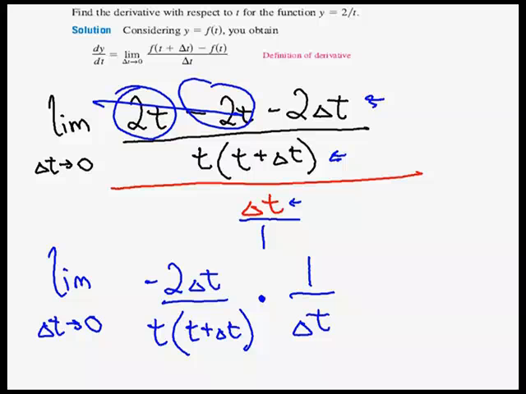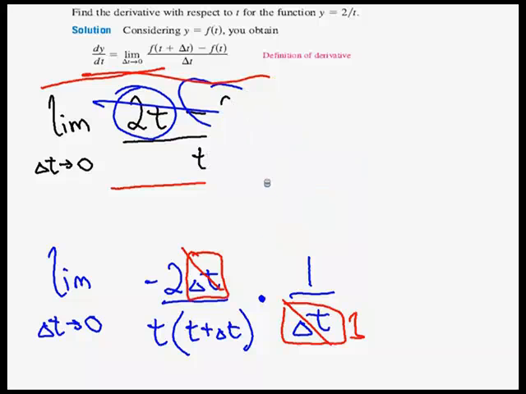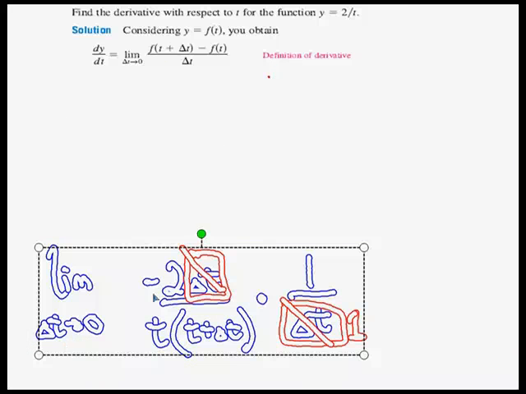And you can probably see the reason I did that. Here on the diagonal, we're multiplying two fractions, so we can cancel these on the diagonal. They divide each other out, and we sort of just replace them with a 1. So those go away. Let's rewrite this a little cleaned up, and then we'll apply that limit. We'll let delta t go to 0 and see what we're left with.